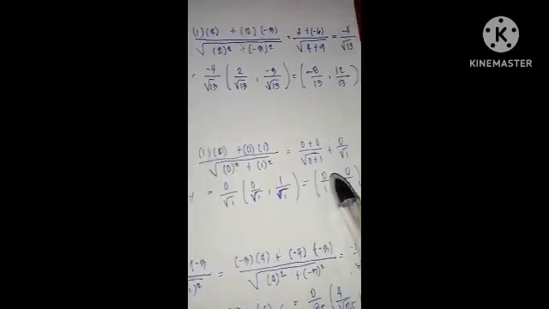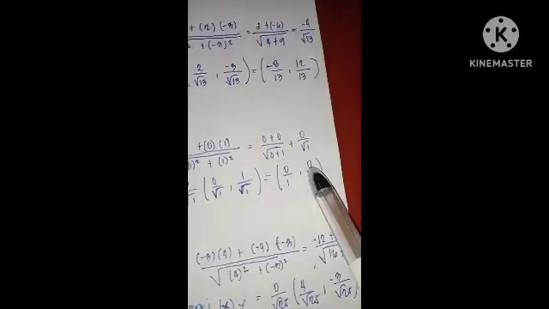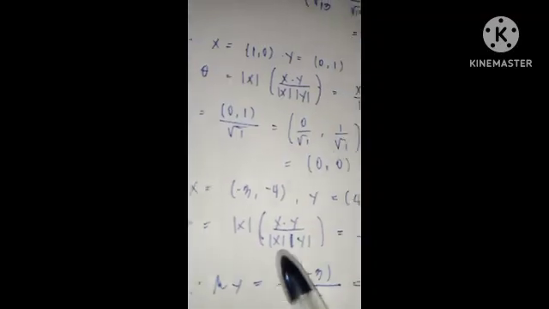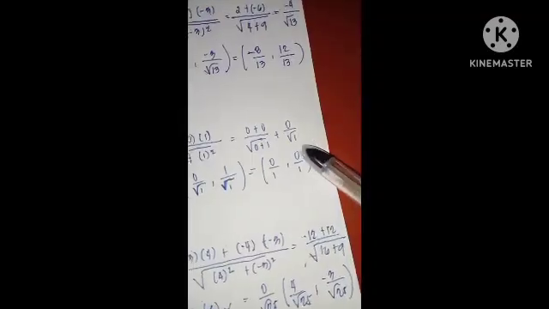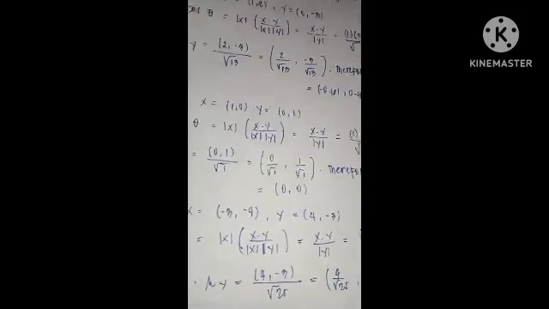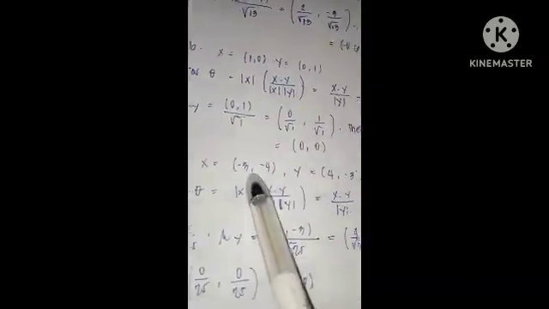So 0 times 0 is equal to 0, 0 times 1 is equal to 0. So 0 divided by 1 is equal to 0. 0 divided by 1 is equal to 0. So that is the answer. For letter C, the process is the same, but the values of x and y are different. So we proceed with this one.